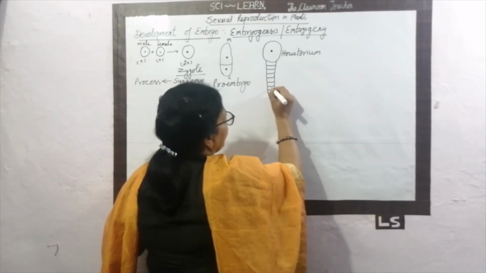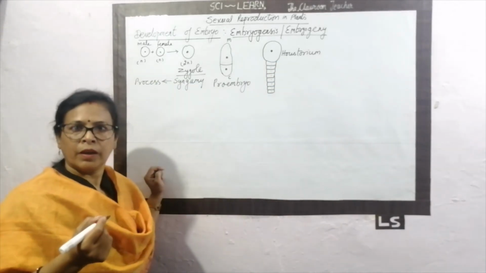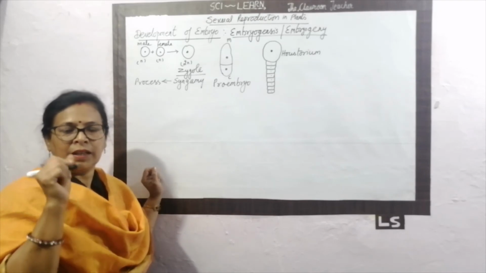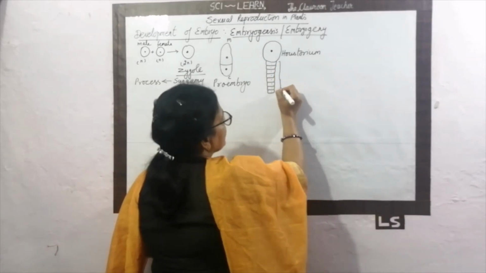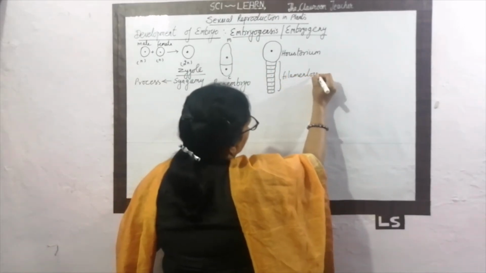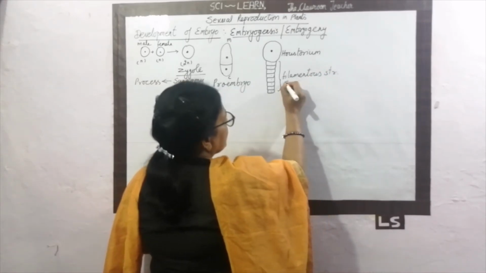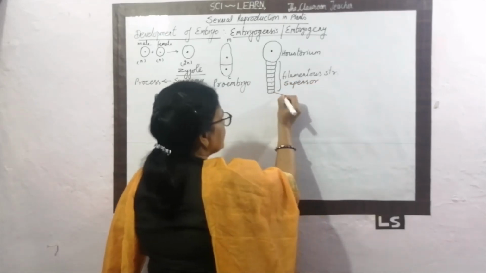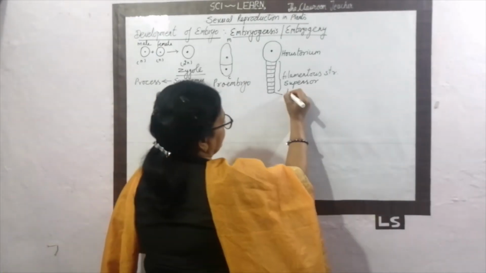And what is the role of this 8 cell structure? It is actually a filamentous structure, and we call it the suspensor. The last cell of this suspensor is called the hypophysis.